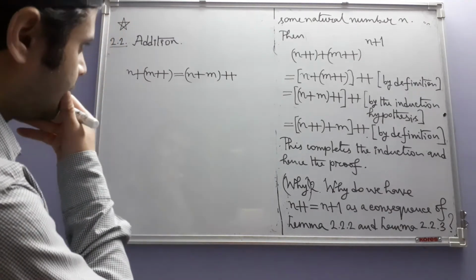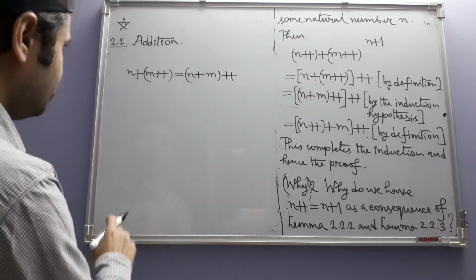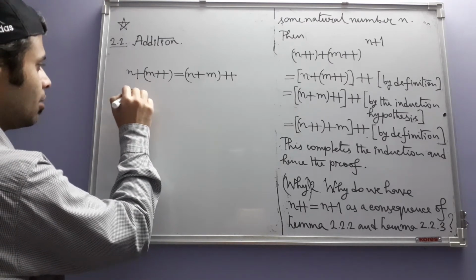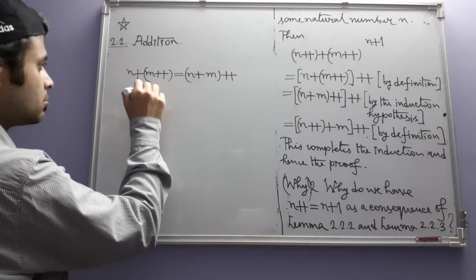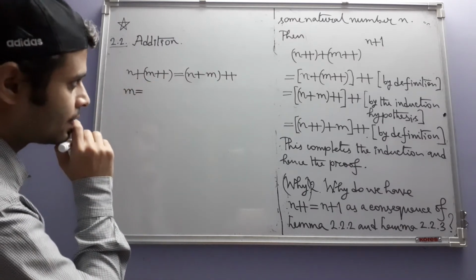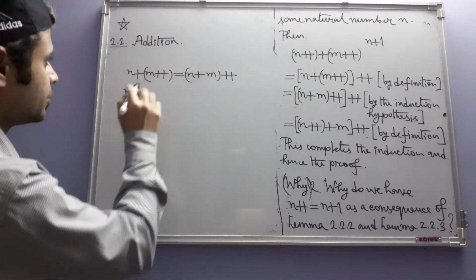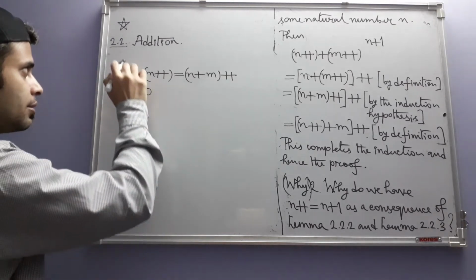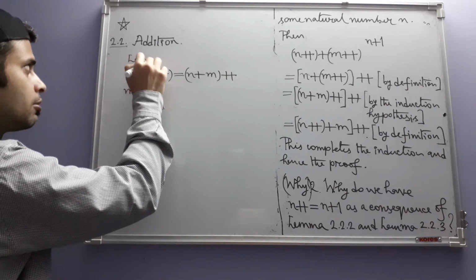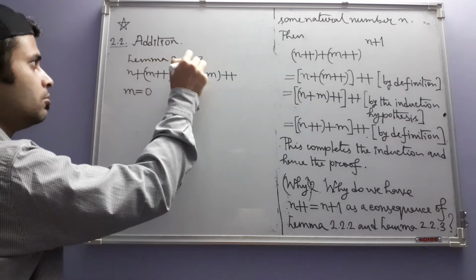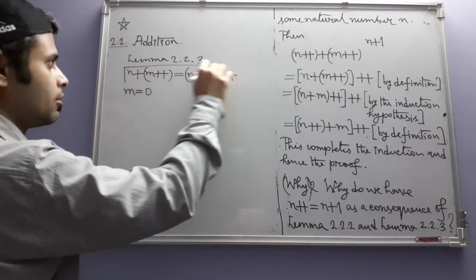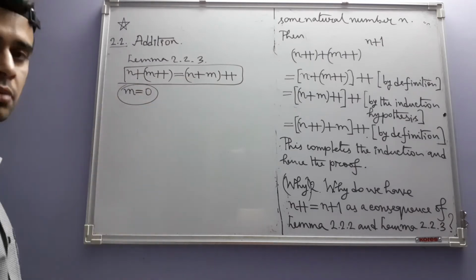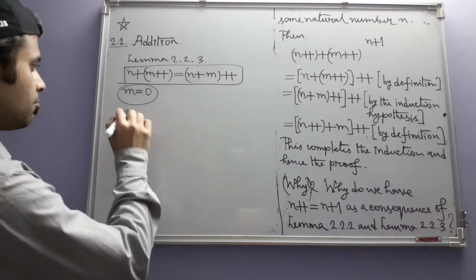Now here, if we put m equal to 1, or m equal to 0, okay, in lemma 2.2.3, in that equation, I am specializing with the value m equal to 0. What do I get then?